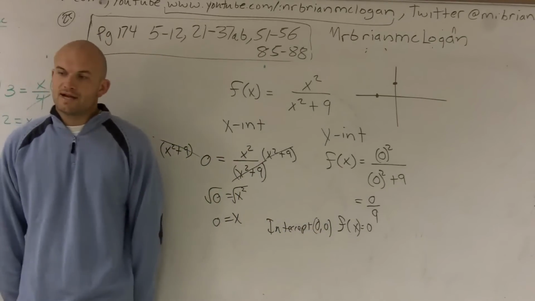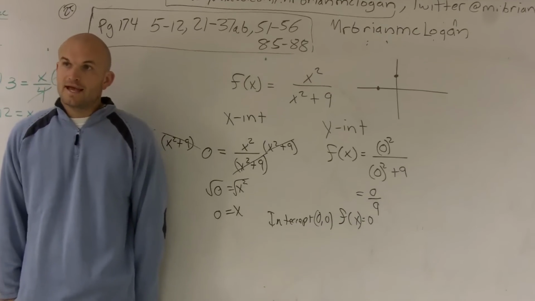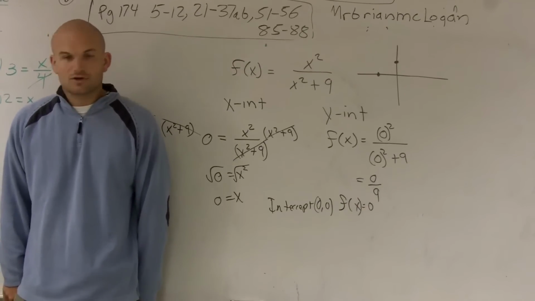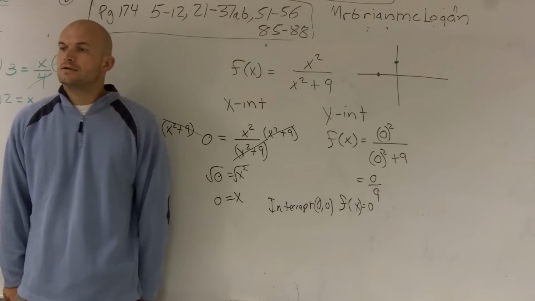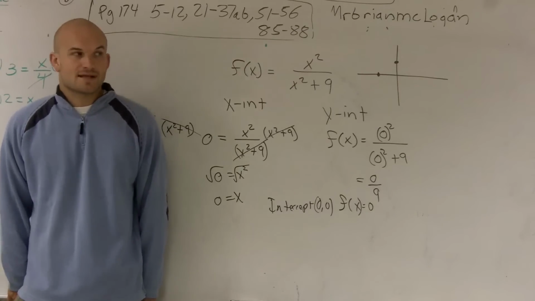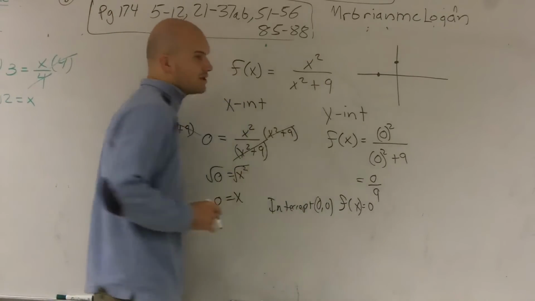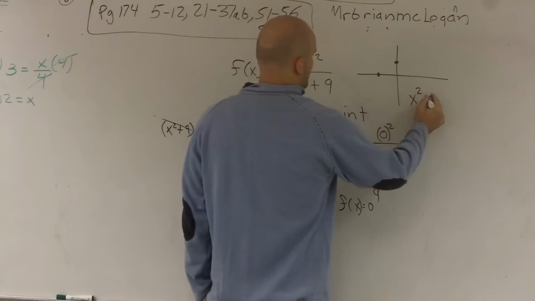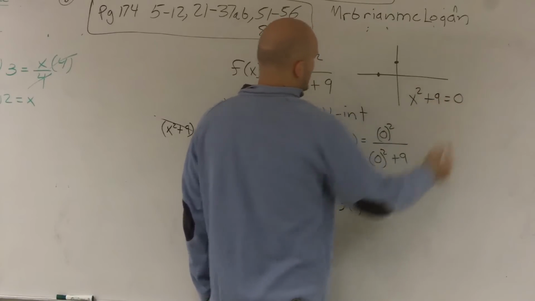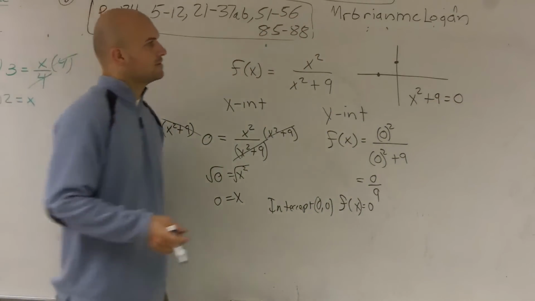All right. Now the next thing they asked for this problem was to find the vertical asymptote and horizontal asymptote. So remember, to find the vertical asymptote, we need to set our denominator equal to 0. So I say x squared plus 9 equals 0. And this is for your vertical asymptote.